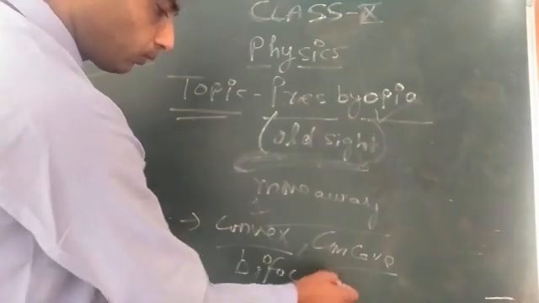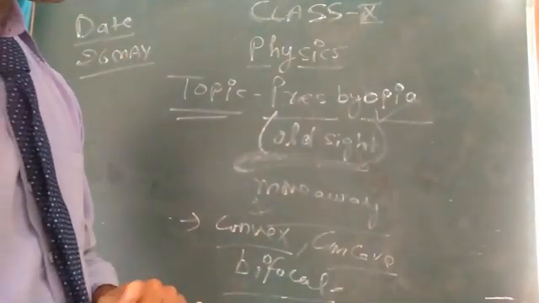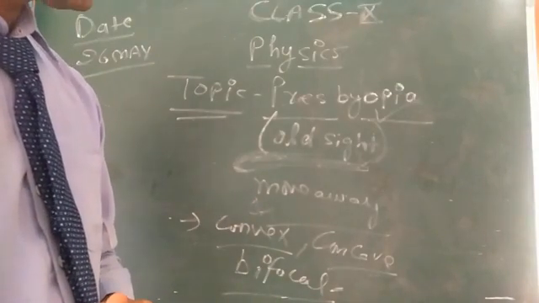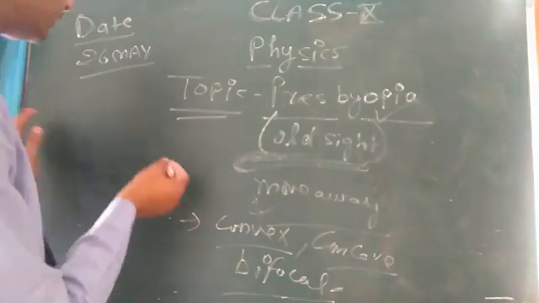A lens of bifocal type is used to correct this defect. The top part is used to see distant objects and the lower part for reading.